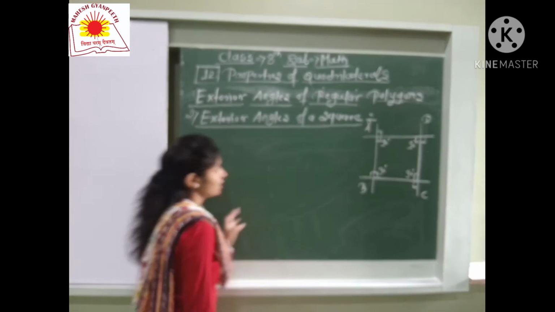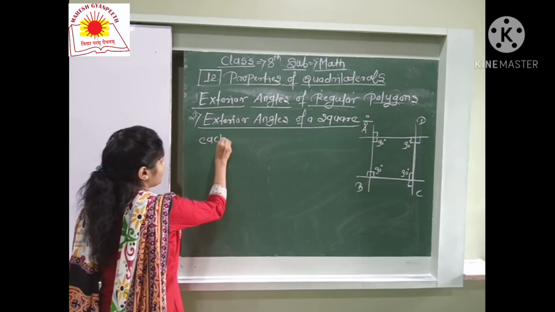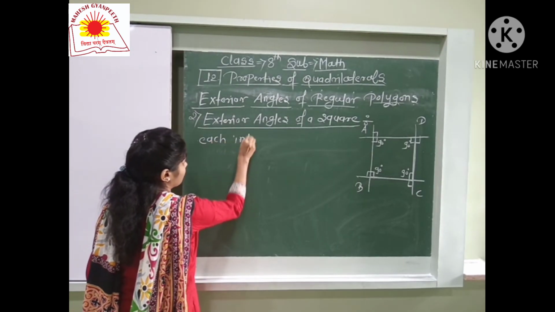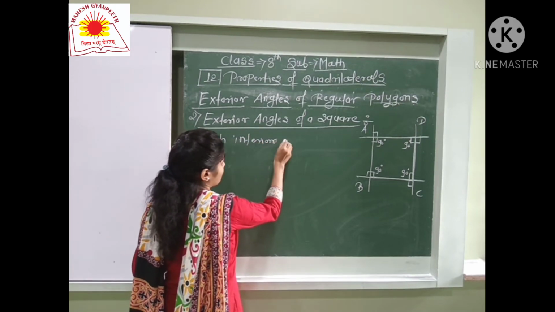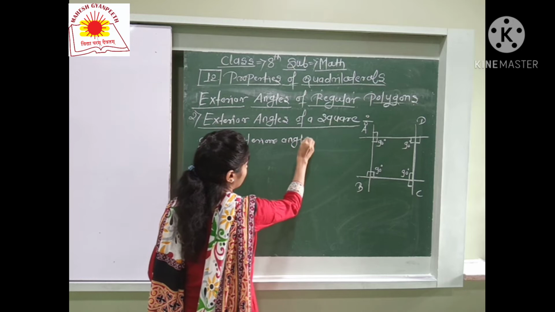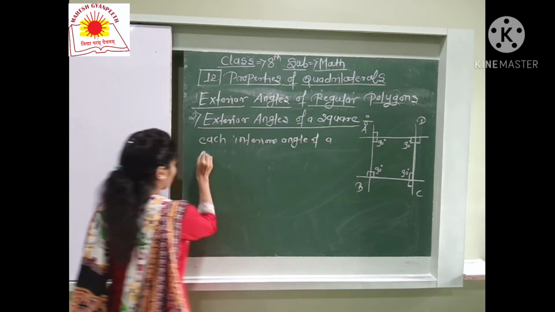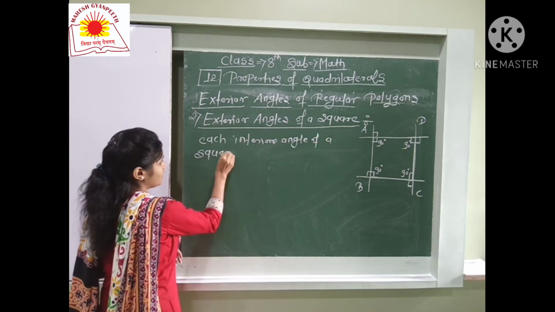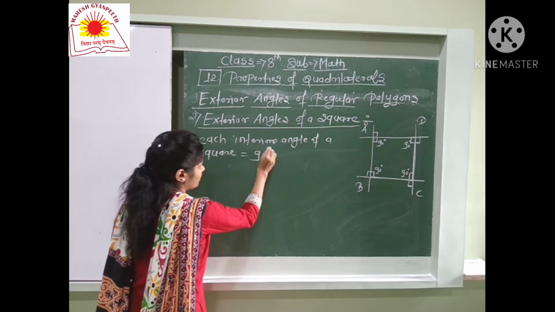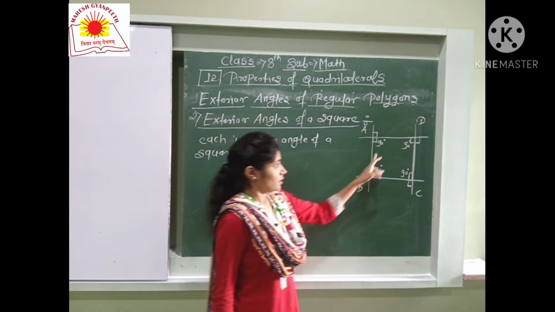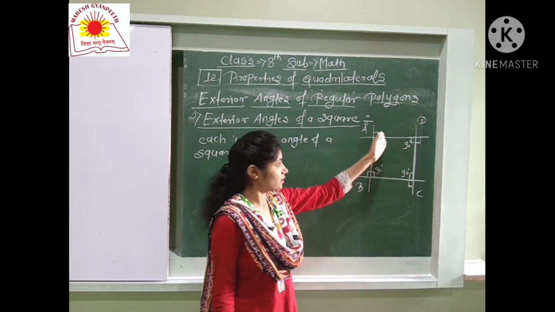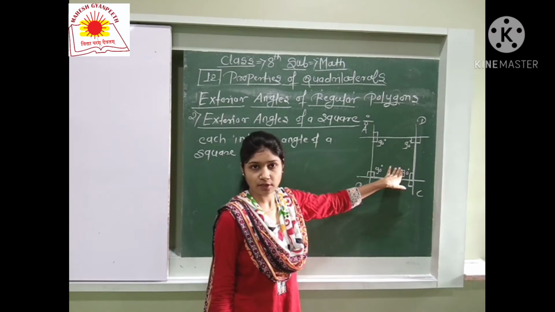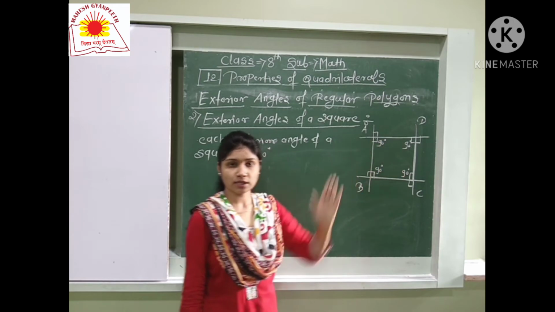Okay. Then each interior angle of a square is 90 degrees. Okay. Now, what is each exterior angle? 90 degrees. Then, how to find the exterior angle? You know the interior angle.